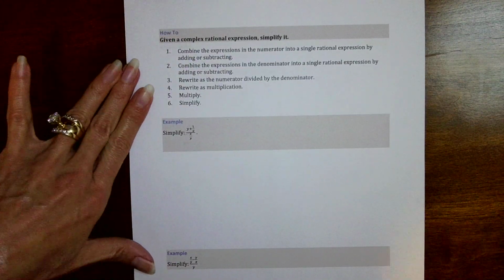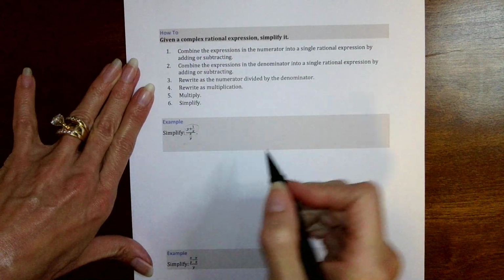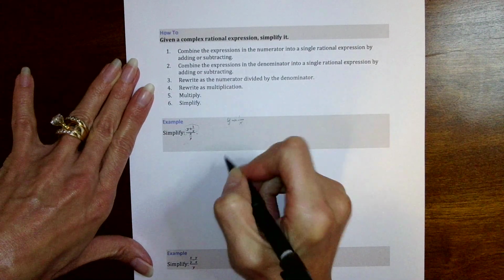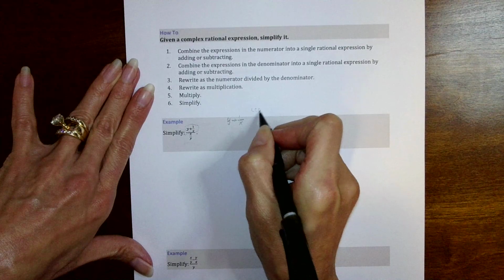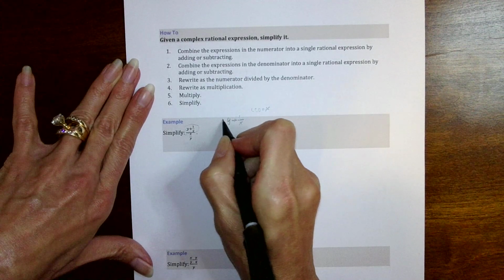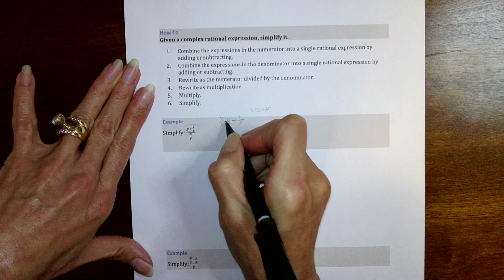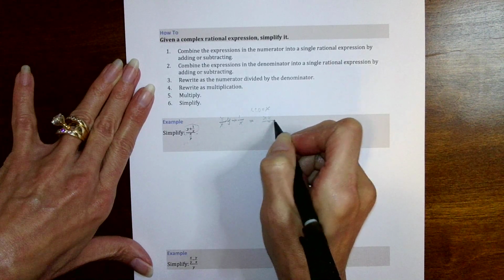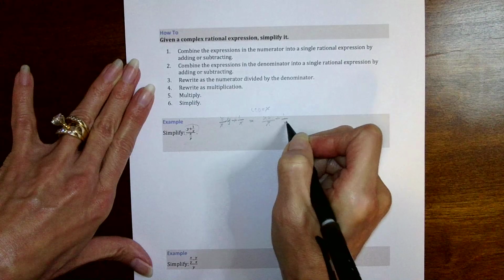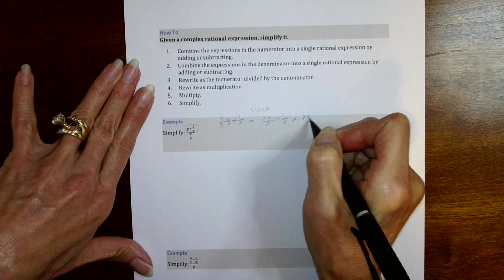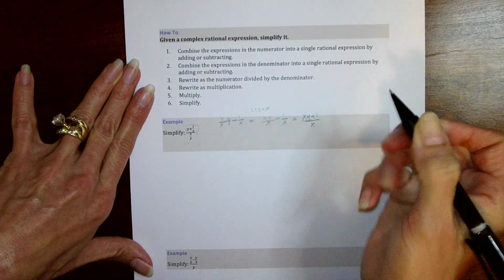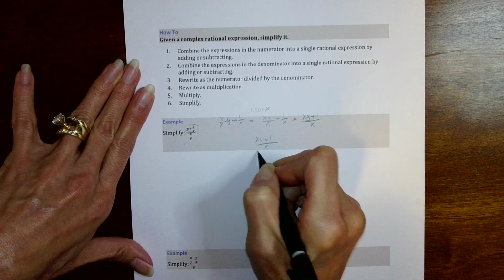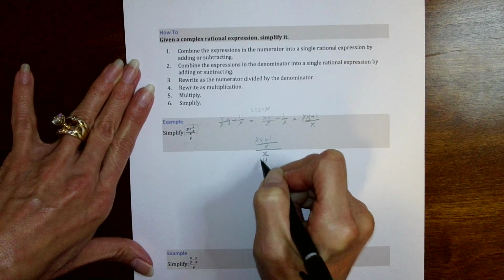So let's go ahead and get a common denominator on the top first. If I have y plus 1 over x, my LCD is x. So I'm going to multiply this term by x over x, and that gives me xy over x plus 1 over x, or xy plus 1 over x. So now I can rewrite this as xy plus 1 over x divided by x over y.